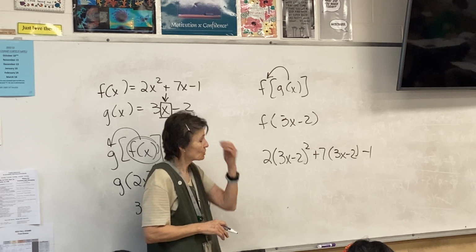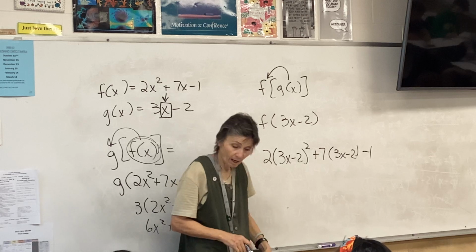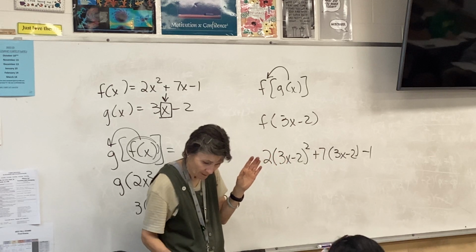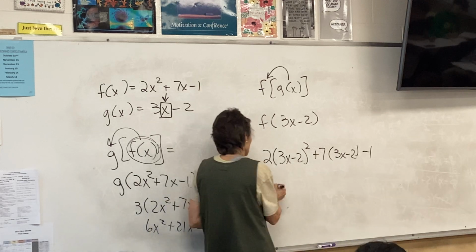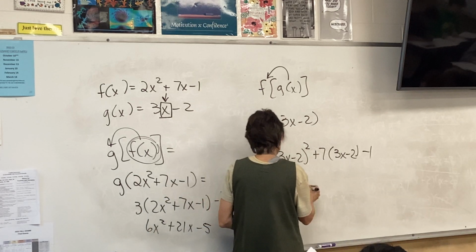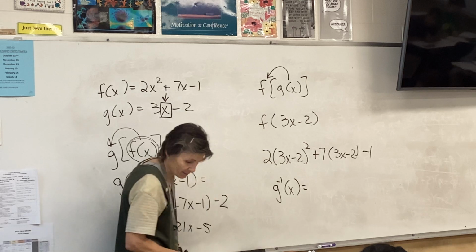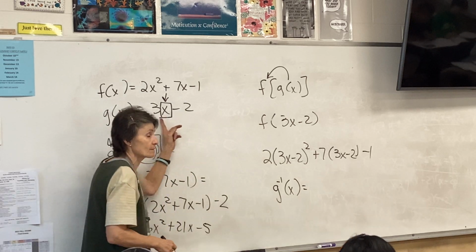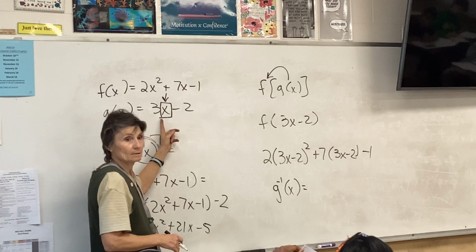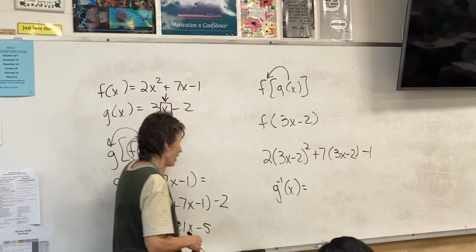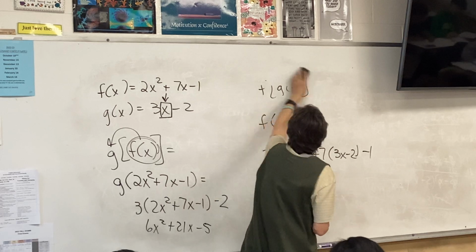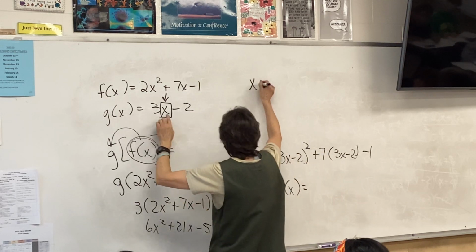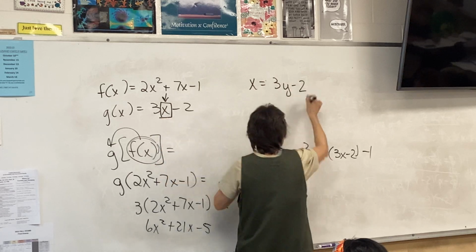Alright? Charlie? What would you do for 16? Find the inverse. How do you find an inverse, Charlie? We need to know this. What function am I using? This one right here. How do I find an inverse? Switch the x and y. So I would rewrite my thing as x equals 3y minus 2.